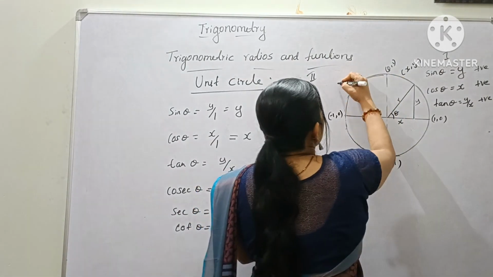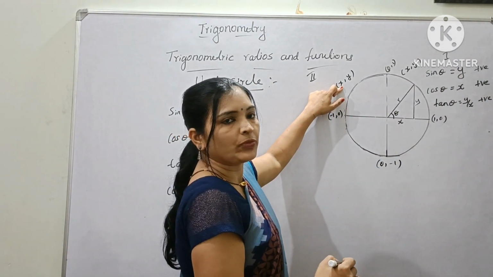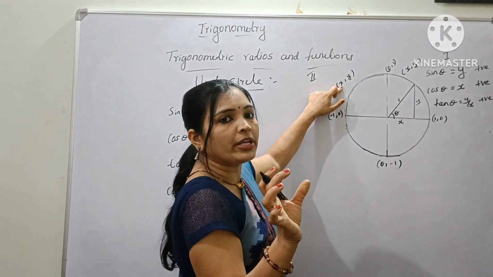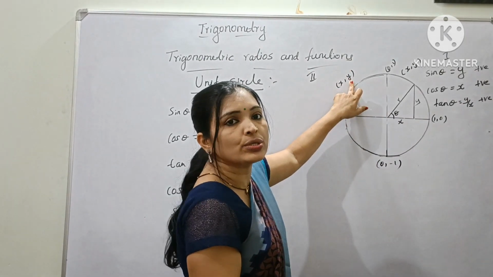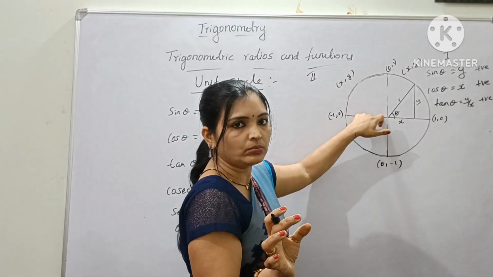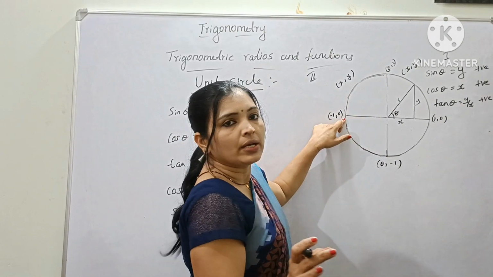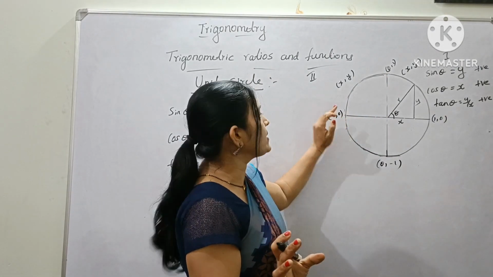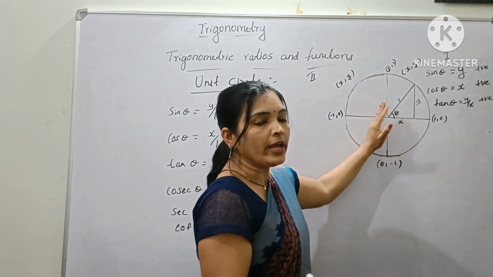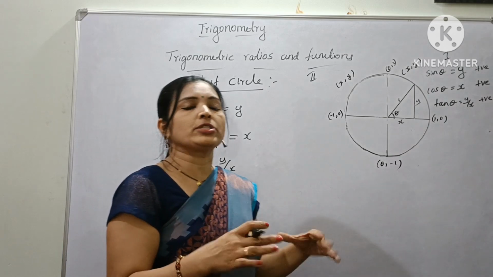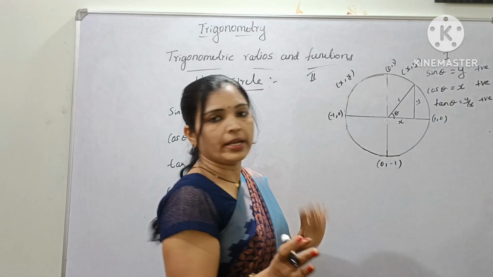All the values of the x coordinate are always negative in the second quadrant and the y values are positive, because this region is between the negative x-axis and the positive y-axis. So all x coordinates will be negative and y coordinates will be positive.